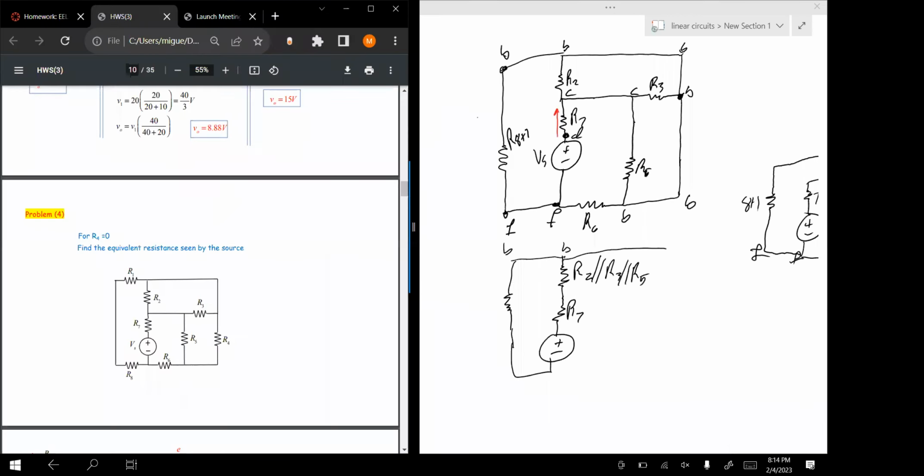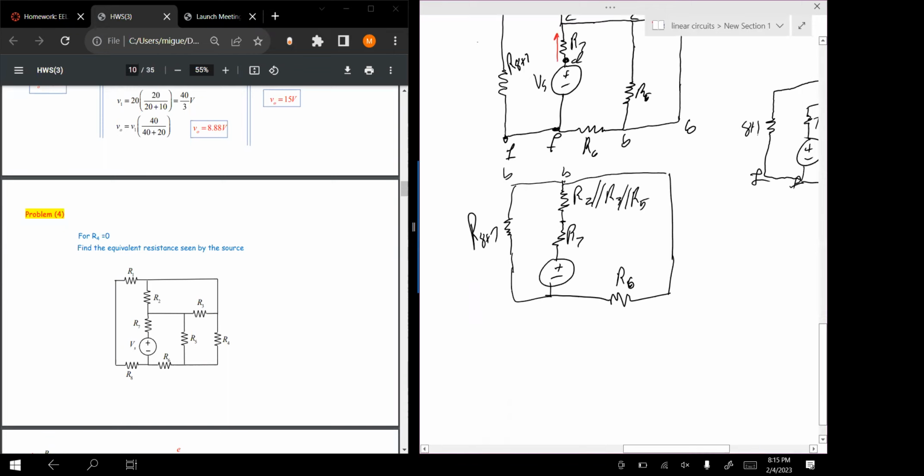So I see this is R8 plus R7, R7. This is going to come out and around, squiggly, R6. Okay, so I see that. There's a few ways we can draw this.